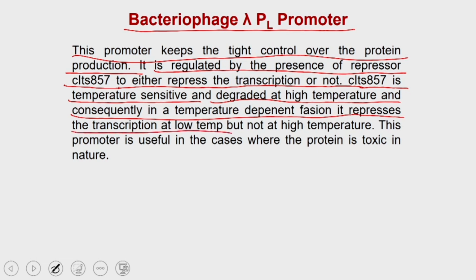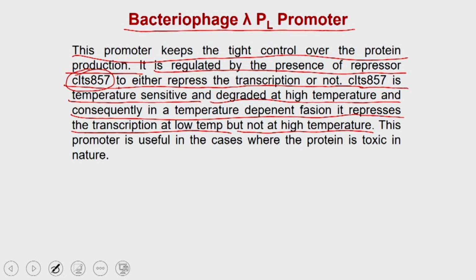So, it represses the transcription at low temperature, but not at high temperature, which means this is actually a temperature sensitive factor. If you increase the temperature, the factor will get degraded, and as a result it is not going to repress.